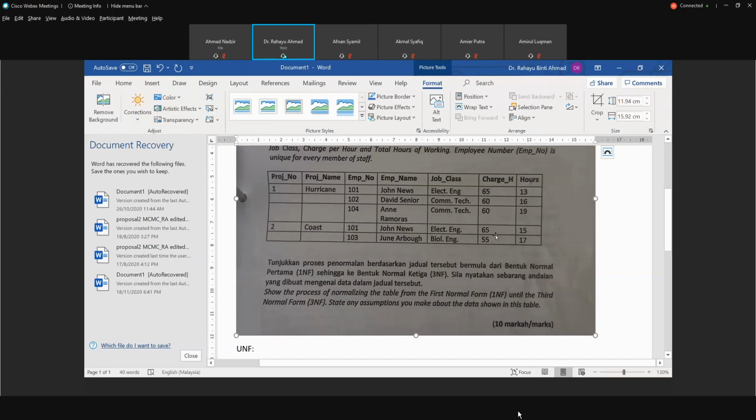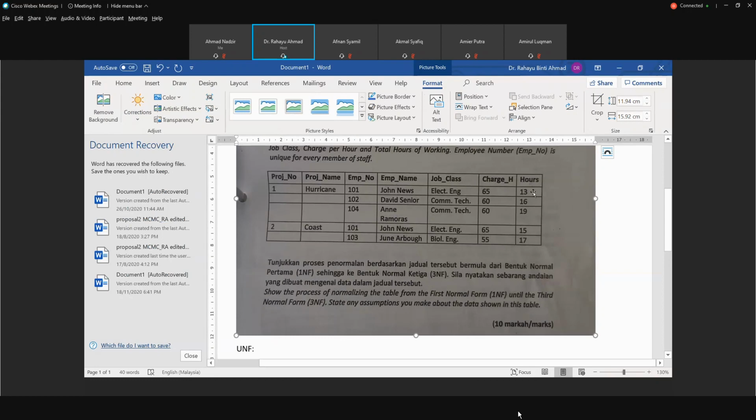Kalau you tengok the charge is static, maksudnya dia hanya depend on the job class. So for any electrical engineer job the charge is 65. Electrical engineer 65. For Comtech is 60. So you tahu charge per hour ni depends on job class.